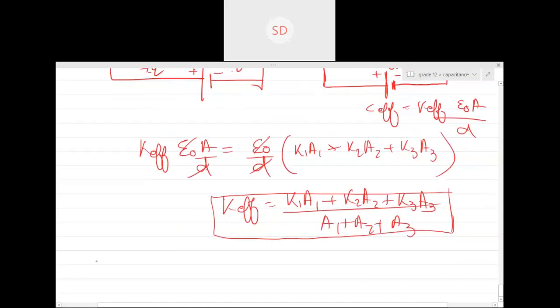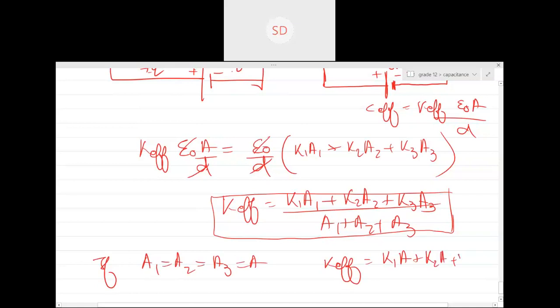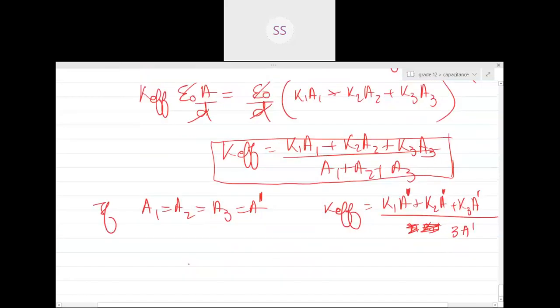So can you see over here if A1 equals A2 equals A3 equals A, then K effective will be K1 A plus K2 A plus K3 A divided by 3A. Don't put A, put A dash, otherwise you will get confused. This A dash will be 3 times A. So K effective is K1 plus K2 plus K3 divided by 3.